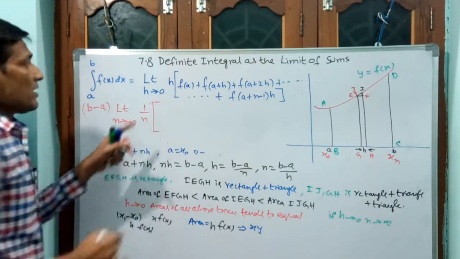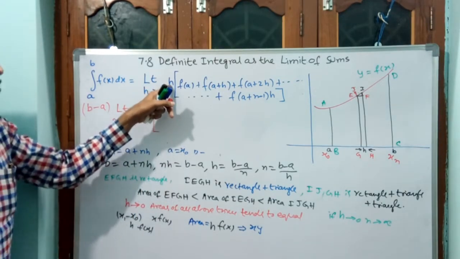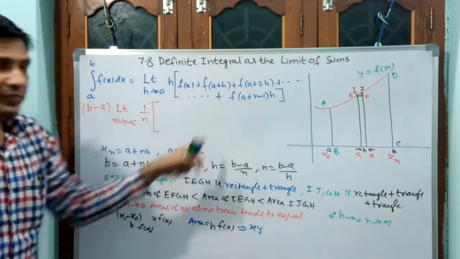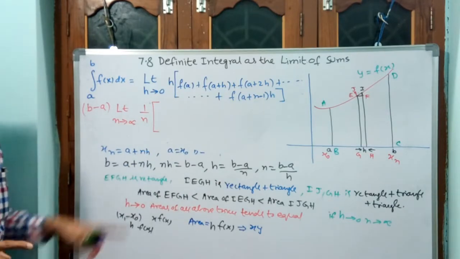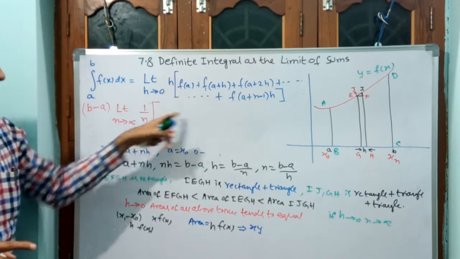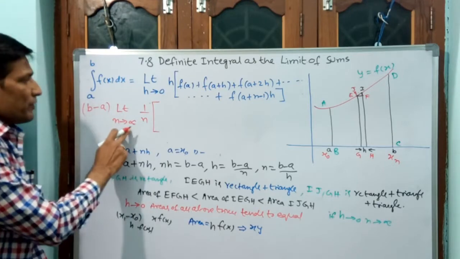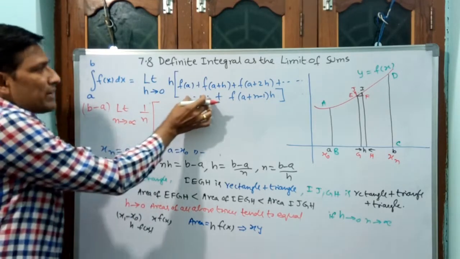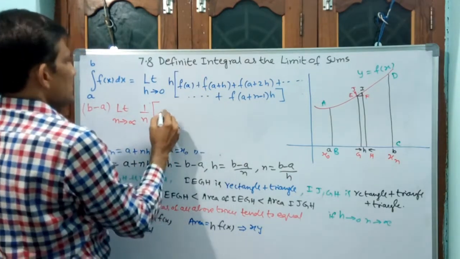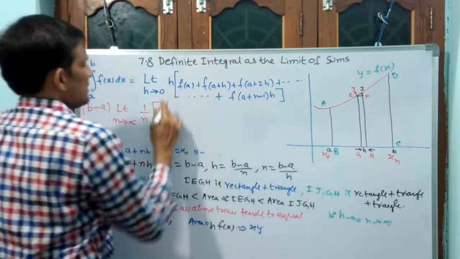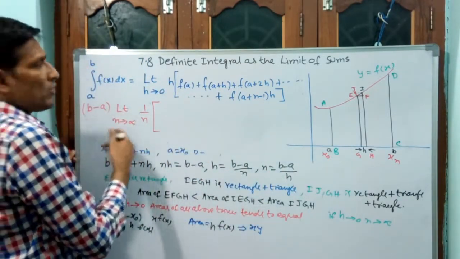Okay, see, when h tends to 0, you have to write h here and this is same. Remember, this is same. But when n tends to infinity, then b minus a by n you have to write, but inside y is same. Why? Because this is x, h we have replaced, x we have replaced.